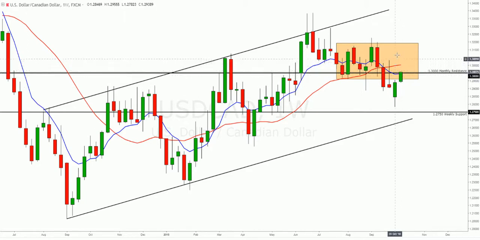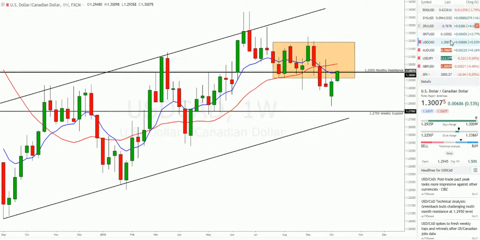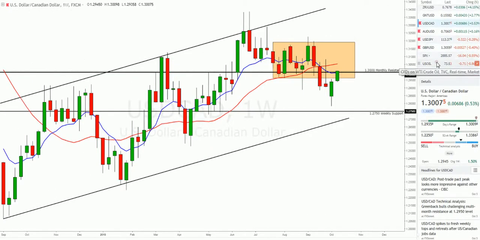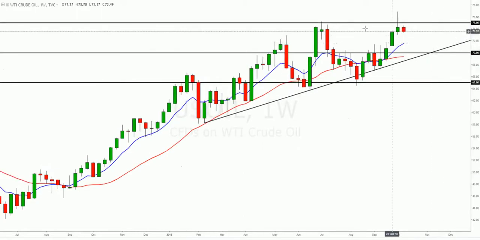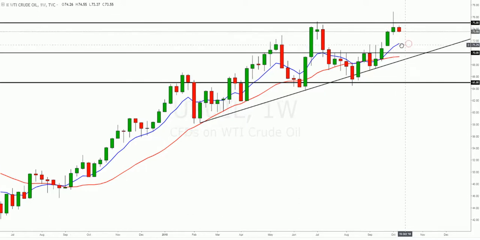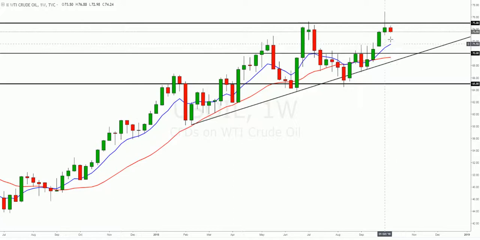The price of oil, if I just step over to that quickly, then you can see that we were taking off. Price closed on that shooting star last week, and now we are looking for a possible bearish retracement before assessing further price action.